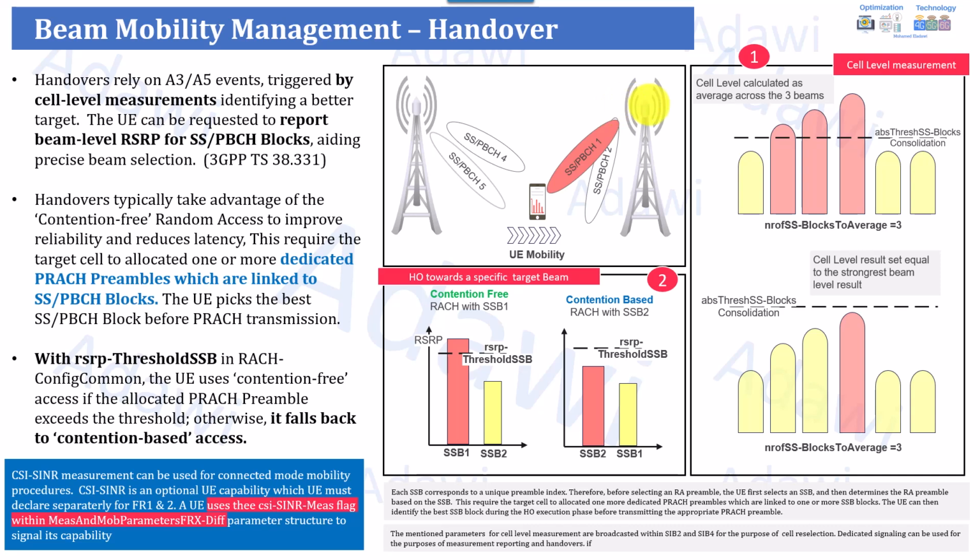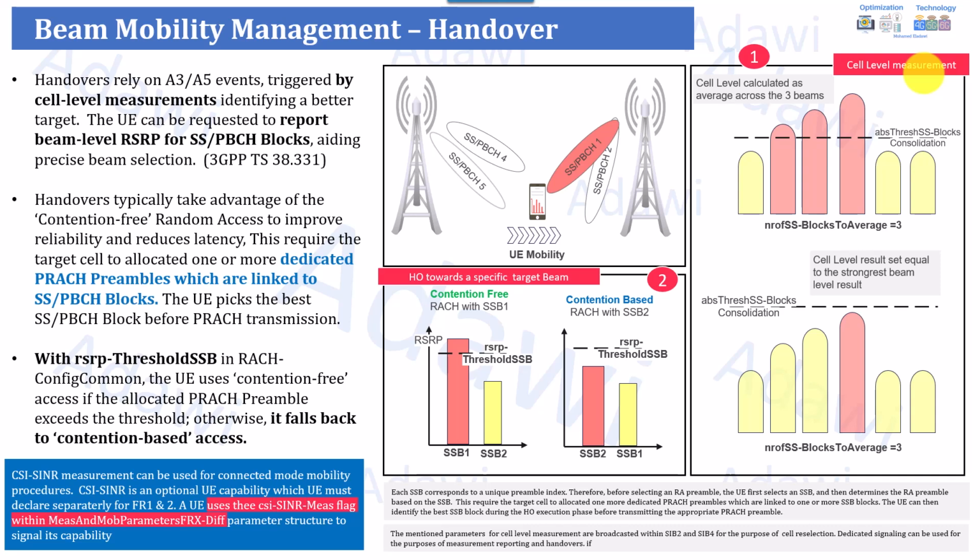For example, assume you are moving towards two other sides, one here and one at the bottom, and both of them have different reception. The question is how the user will calculate the cell level measurement for these two different sites. For example, assuming here we have 8 beams and the other one has 8 beams as well. This involves something called cell level measurement.